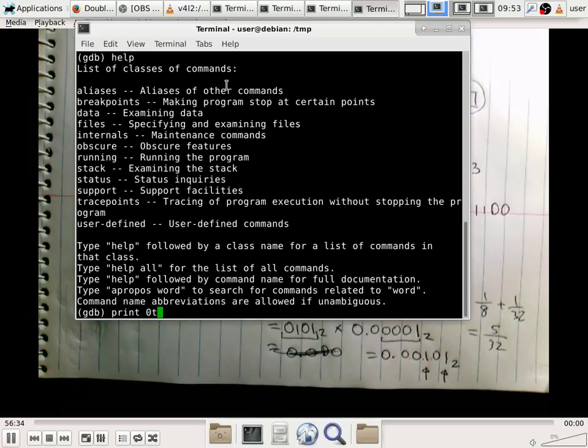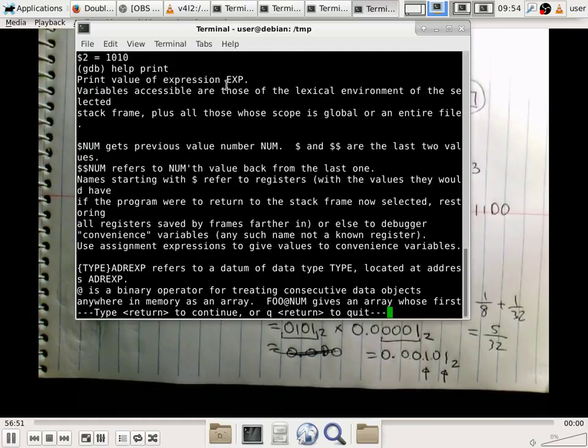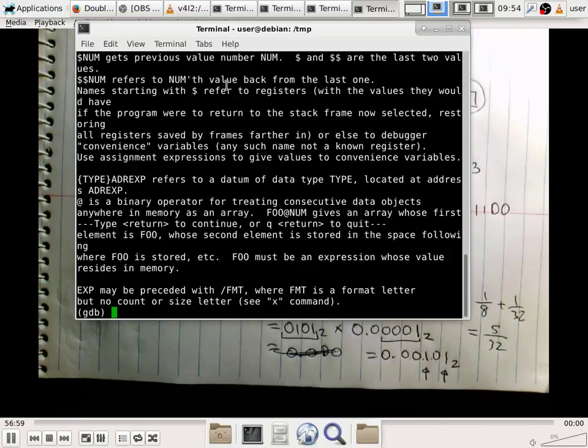So let me just test it for now. 1010 is supposed to be 10. Oh, it just gives me 1010. Of course, you can always say help. Print the value of expression exp. You can print a whole bunch of other things. I just need to know the format.